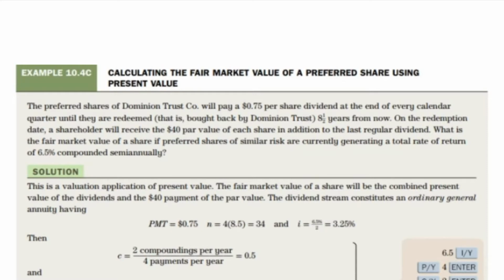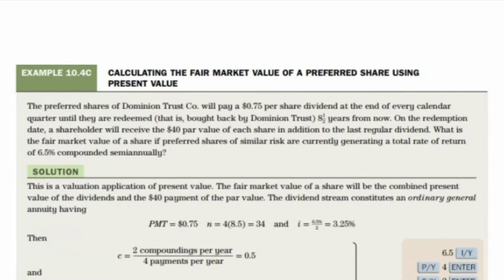So we look at this one, and it says the dividend is paid at the end of every calendar quarter, so effectively 4 times a year, and the interest is 6.5% compounded semi-annually. So we've got payments quarterly, and the interest is semi-annual.